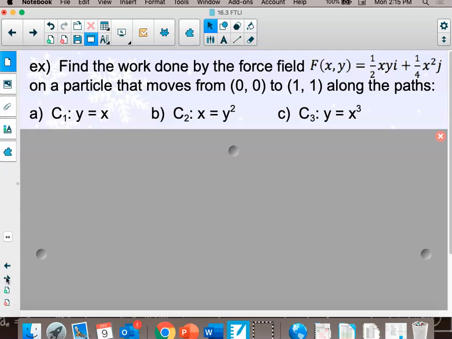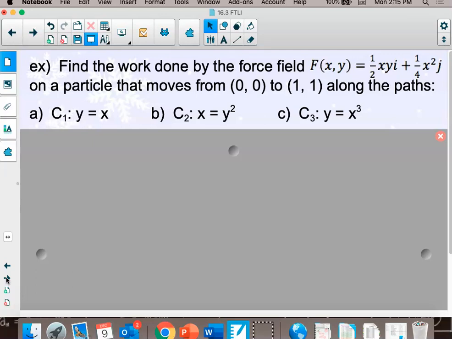So do the f dot dr, right? So you're going to do a line integral since we're doing work. We're going to do f dot dr where r equals x, and then where x equals y squared, and then y equals x cubed.